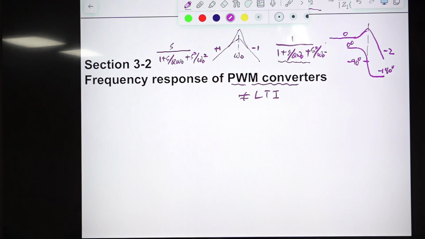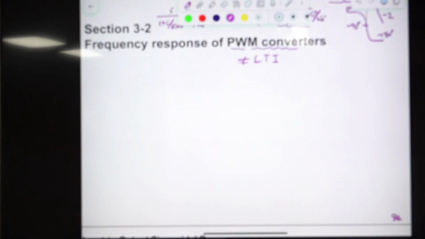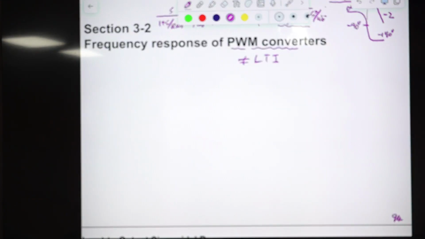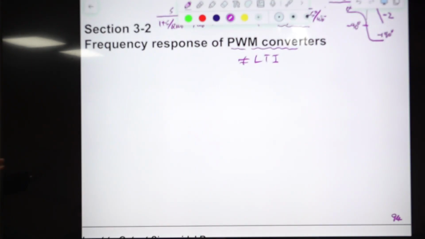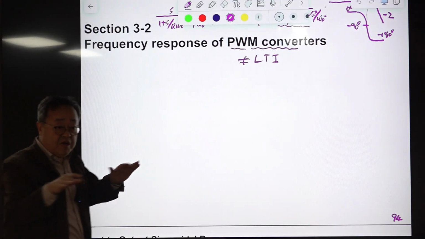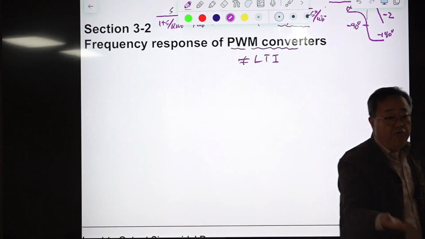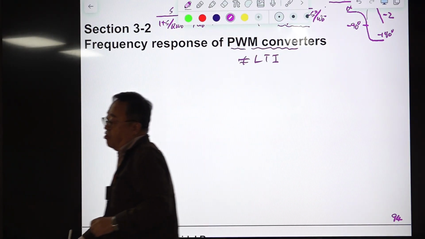Now we start a new section, and the section title is Frequency Response of PWM Converter. This is the beginning of the real dynamic analysis of PWM converters. The previous part was some basic background based on the linear time invariant system. Now we are focusing on PWM converters, which are non-linear and time varying systems.